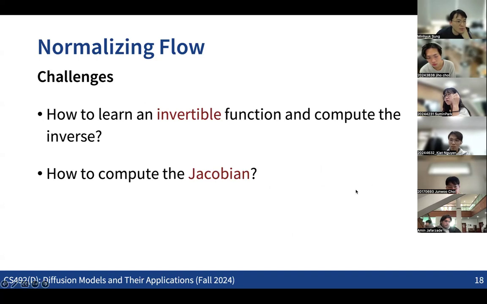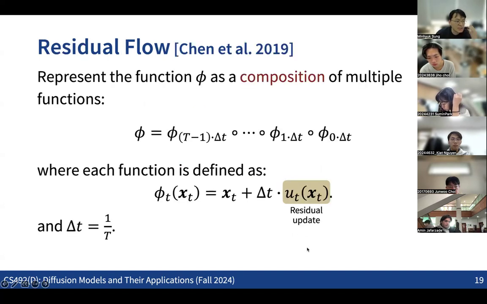So based on that, what we are going to do now is consider representing the mapping function as a sequence of functions. Let's say we have p functions, and each function is represented in this simple form, where we add some offset to the given data point xt here.